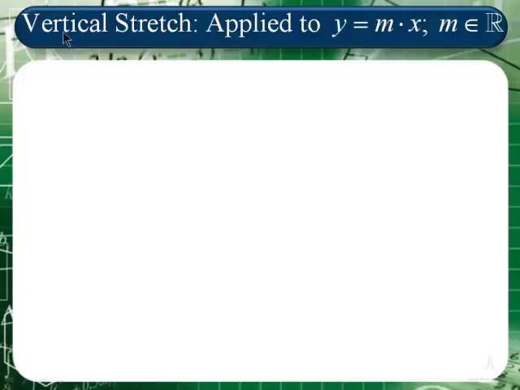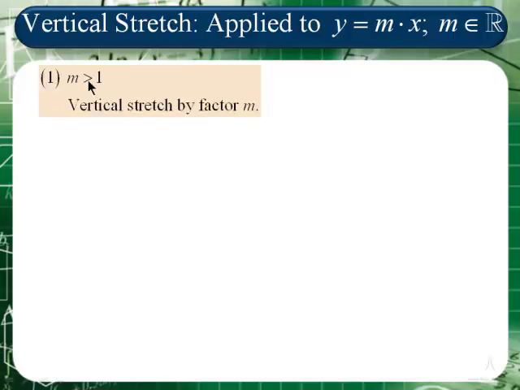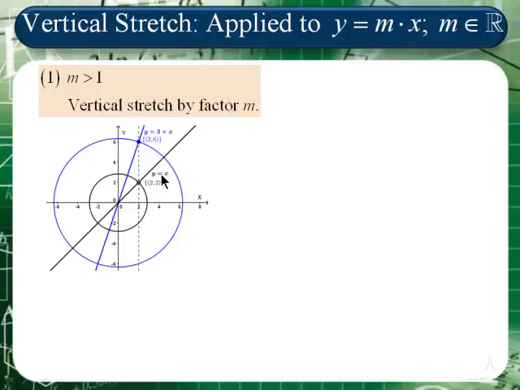Let us summarize what we've learned from the investigation regarding vertical stretches applied to the linear function. Remember, this is where we multiply by the parameter m. Firstly, if m is greater than 1, then we concluded that we will get a vertical stretch by the factor m. One example here, this is where m is equal to 3. This is a vertical stretch by the factor 3.